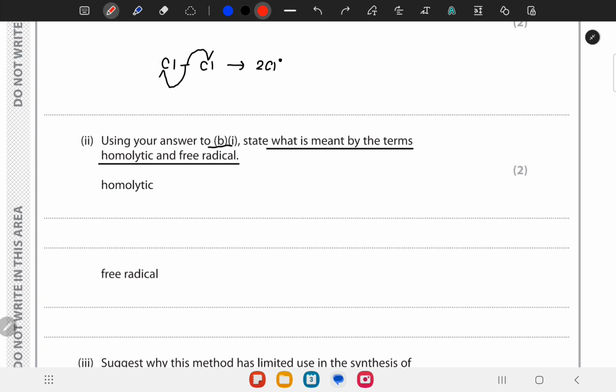That's the definition of homolytic. Heterolytic means that if there is a bond over here, so there's an electron pair over here, after the bond breaks, this chlorine takes away both of them, while this gets none. This is heterolytic. This is homolytic.